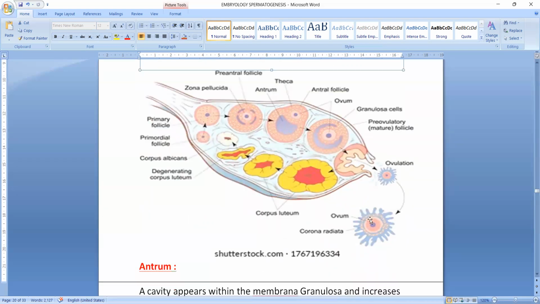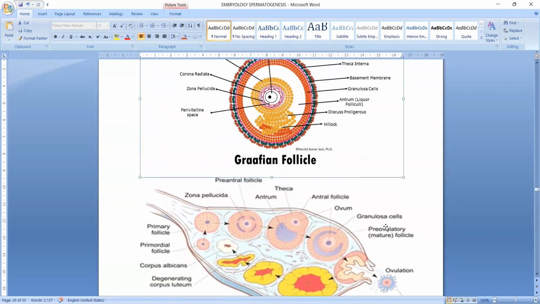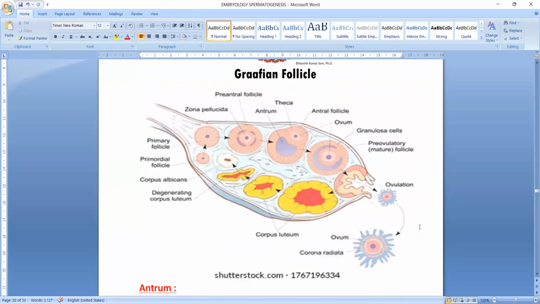So this is the ovum, with corona radiata cells and zona pellucida. Anyway, first of all, let's see the structure of this developing follicle up to the matured follicle.